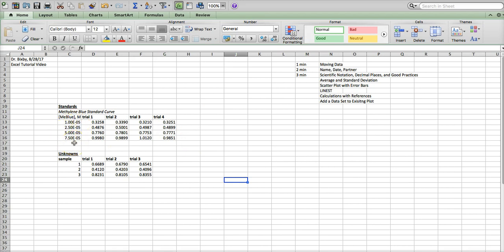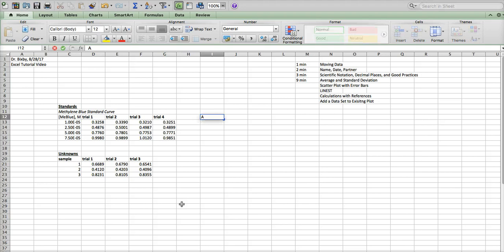And that's going to give us a calibration curve so that we can determine what the concentrations of our unknown samples are. So we need to do an average and a standard deviation. These are just the simplest functions that you will have to use. There are a lot of mathematical functions, but we can definitely go through those as we go along.